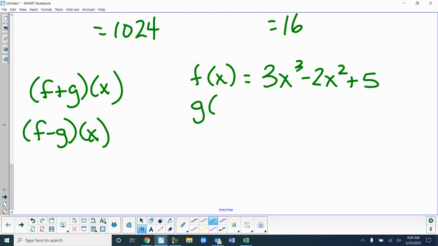And G is x cubed minus 3x squared. Put the DS over. So there's the two. Just add them and subtract them for me.